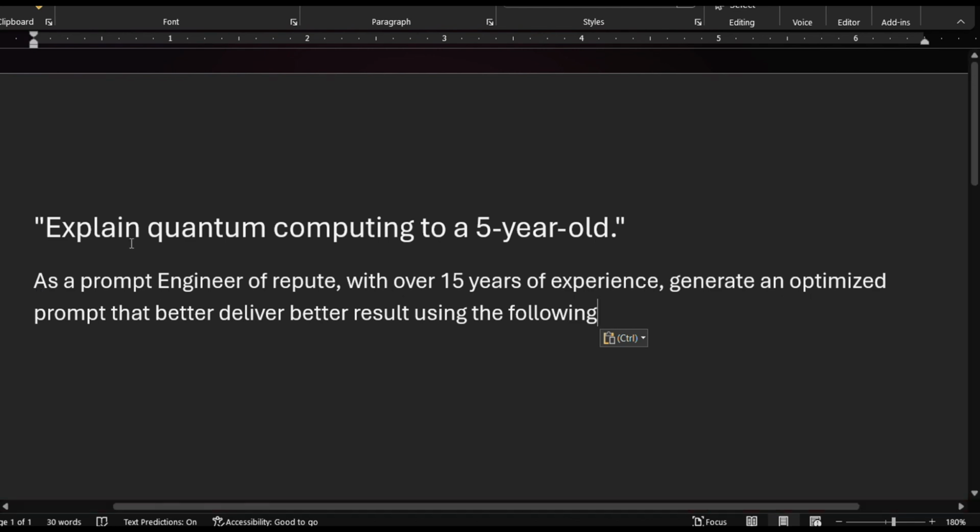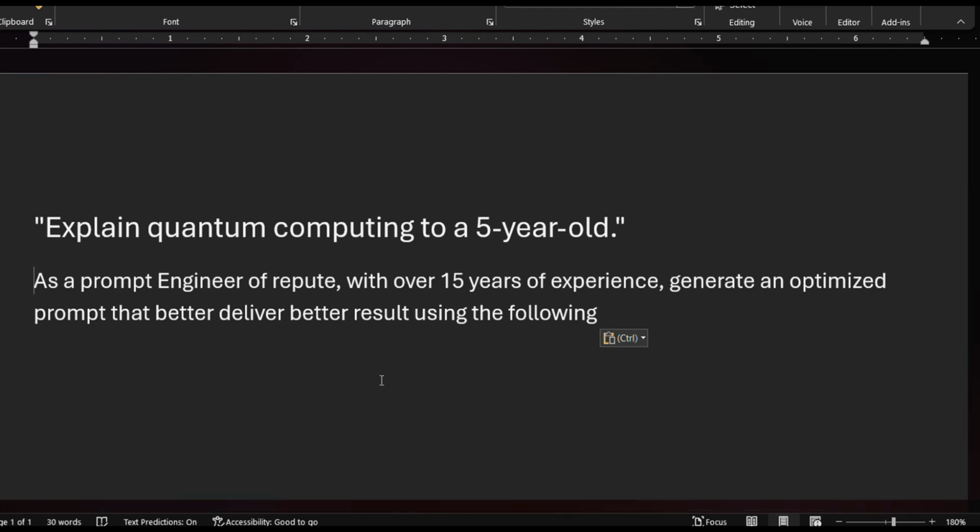So like where I'm starting from here, where I said, as a prompt engineer of repute with over 15 years of experience. Can you see? I'm giving it now. You are an expert in prompt engineering, and you are of class, and at the same time you have gained several years of experience.